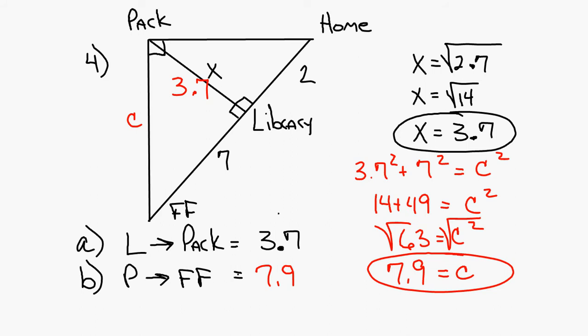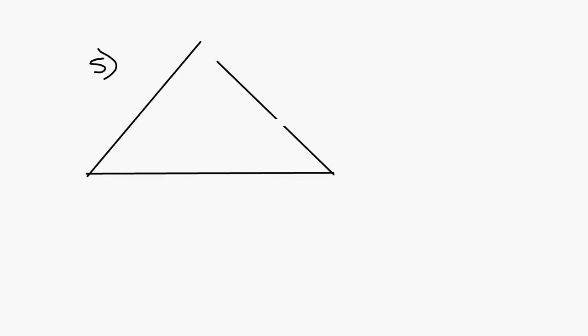Number 5. We got A, P, Q, B, and C. AP is 7, AQ is X, P to B is 21, and Q to C is 12.